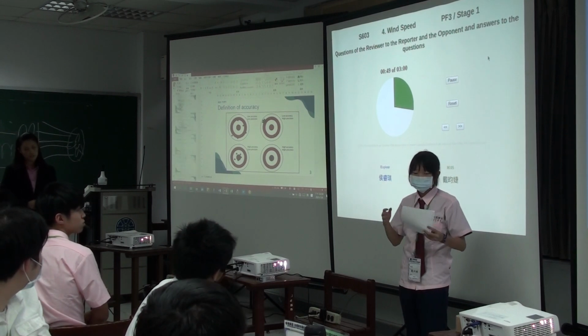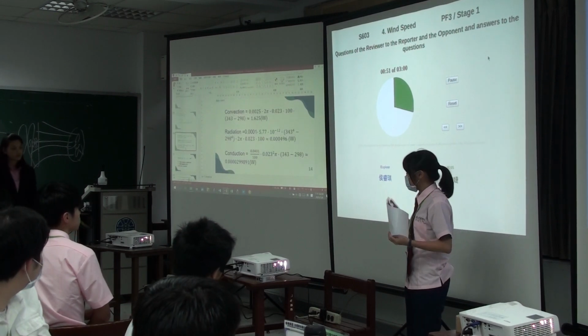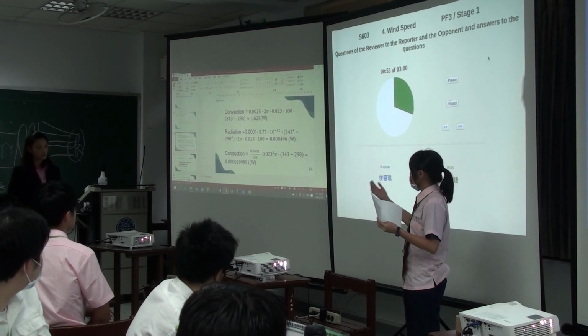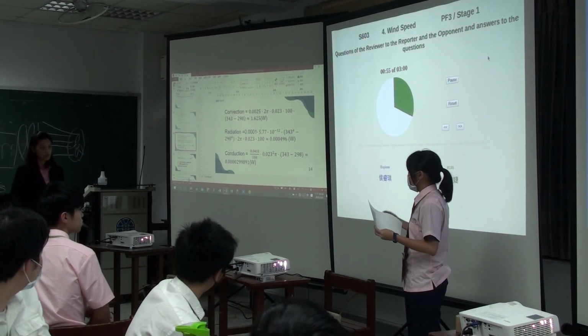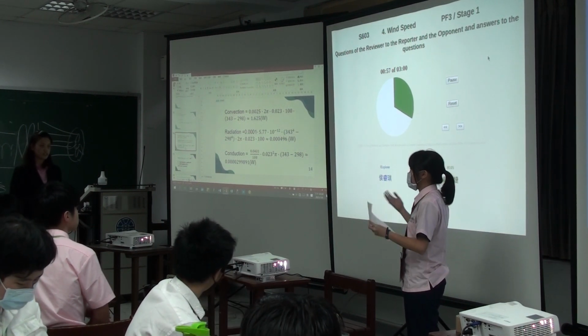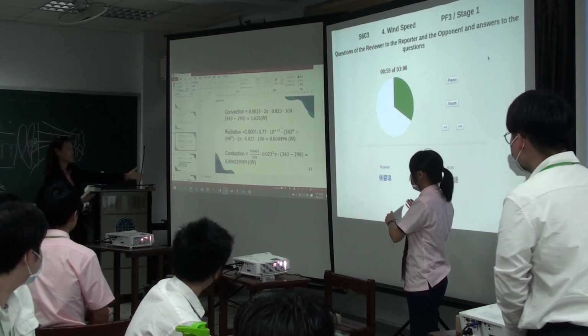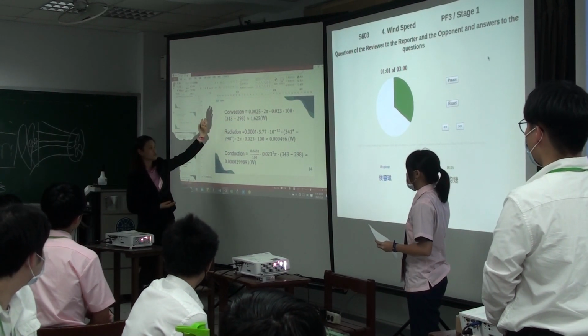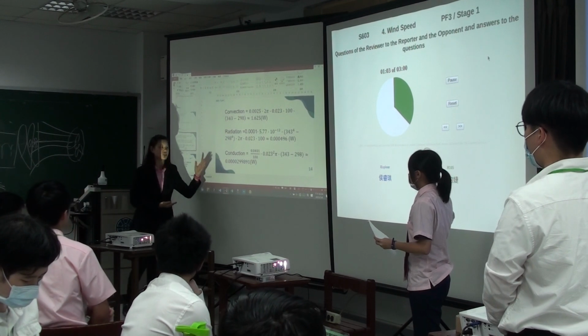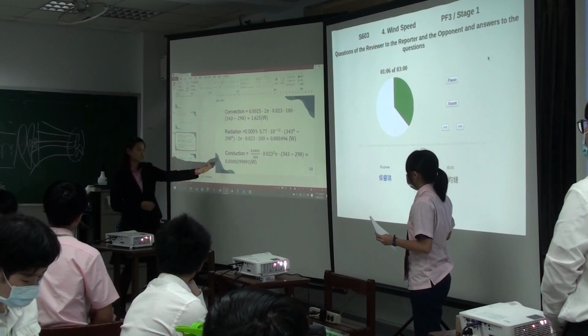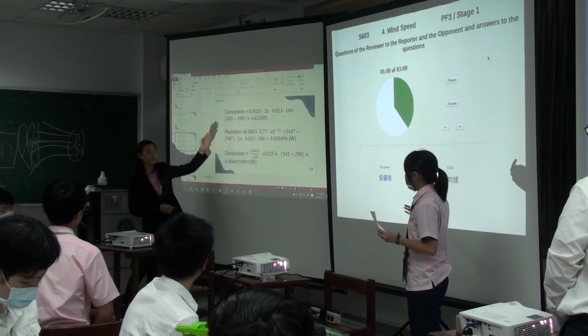In this graph, this is the ratio of the convection, radiation, and conduction in the thermal dissipator, and you can see the value of conduction is really small compared to the convection.